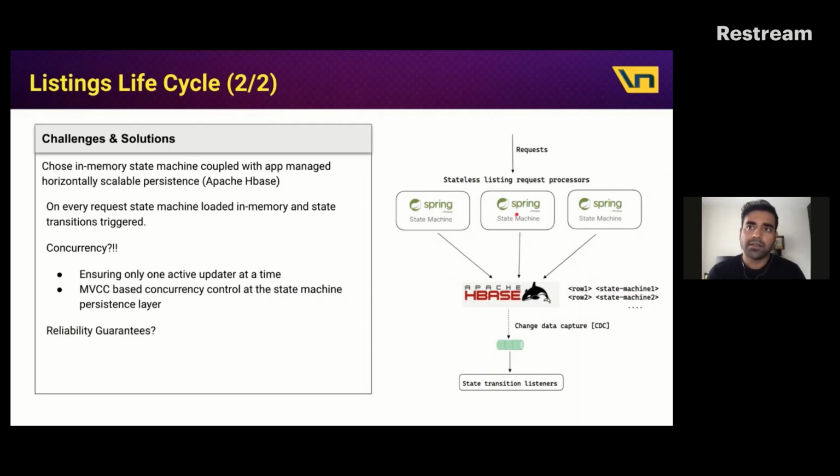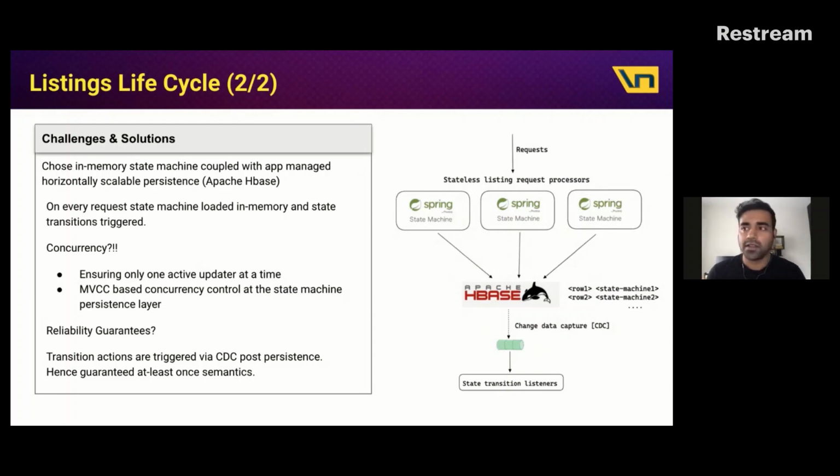How do you make sure that state machines are reliable? State machine reliability is an important aspect because you don't want to miss out on, let's say, active transitions. If you have a listing that the seller requested to make active and you lose that event, that's going to be a bad outcome, right? So how do we guarantee reliability of the effective state? For that, we went with the CDC, or change data capture system, which would work on the events incoming into the state machine.